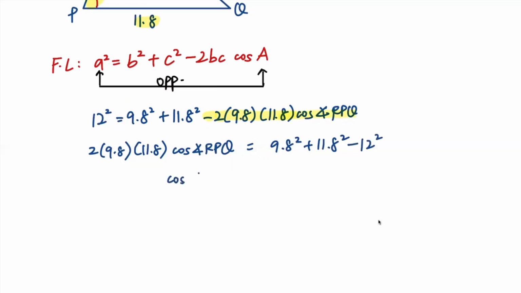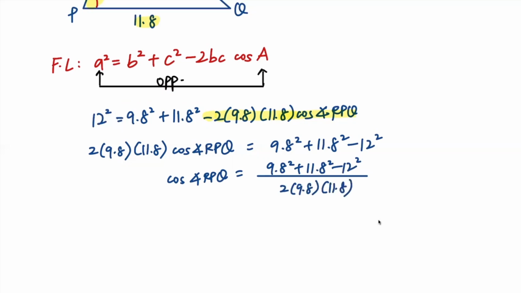And how do you find cosine RPQ? You take 9.8 square plus 11.8 square minus 12 square, divided by 2 times 9.8 times 11.8. And you can find RPQ by taking the cosine inverse of the entire fraction.